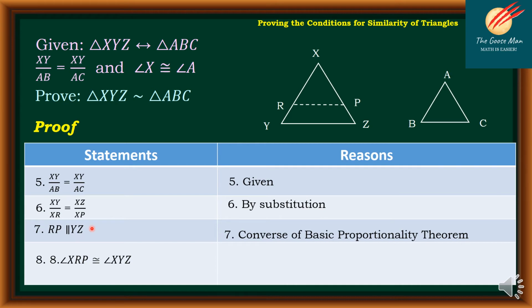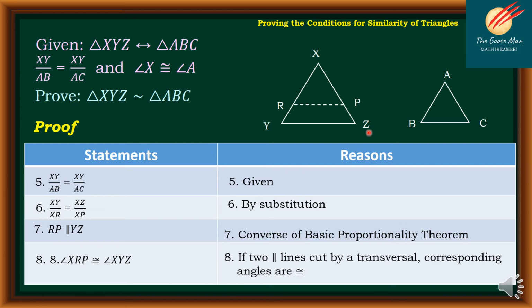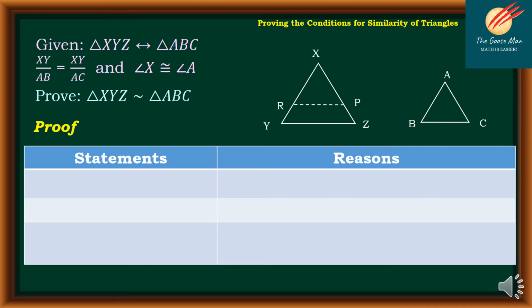For number 8, angle XRP is congruent to angle XYZ because if two parallel lines are cut by a transversal, corresponding angles are congruent. For statement number 9, angle X is congruent to angle X because of the reflexive property of equality.